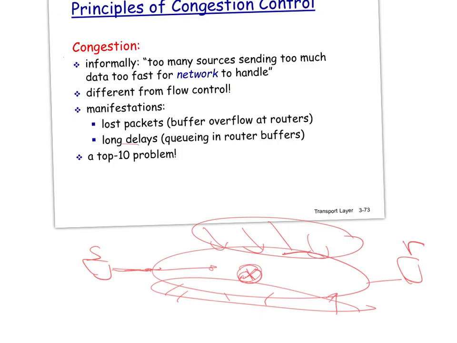So that's why congestion control is one of the top 10 problems. Similar to, for example, internet scalability, resource optimization in a network, or video content management. These are grand challenges. They say these are grand challenges when we talk about networking systems.